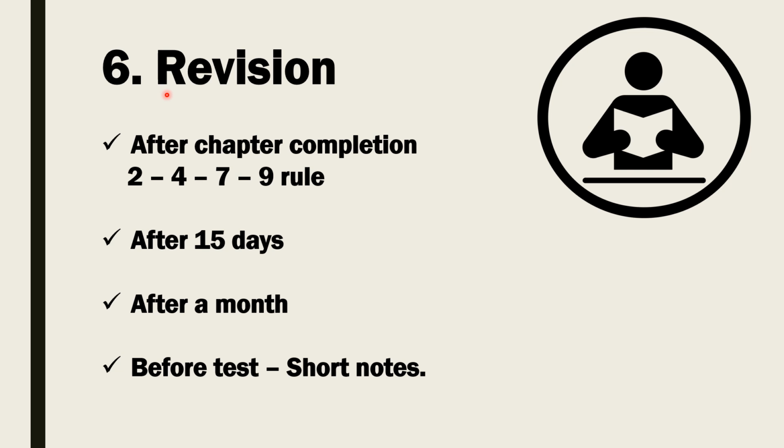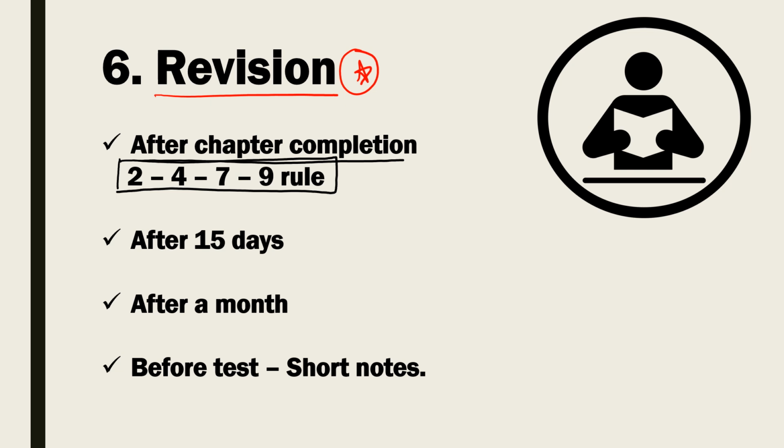And the last step is revision. Revision is very important after completing a chapter, which most of the students don't do, and this is the major reason for backlogs. So what does revision mean here? First, after completing a chapter, use this rule, the 2479 rule.